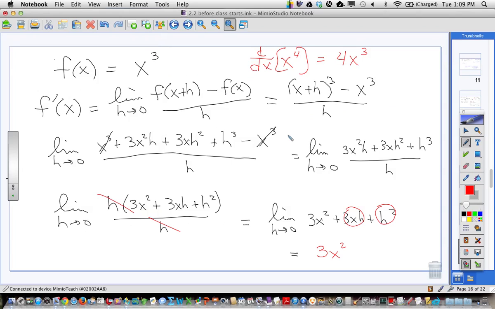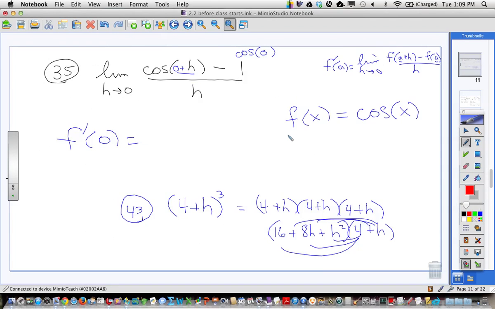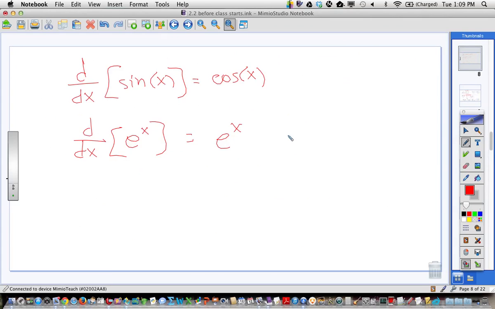And that will work with any power type function. So what we have just learned is another rule that we could put into a list. This one you actually might want to write down. This is going to be a big part of your homework today.